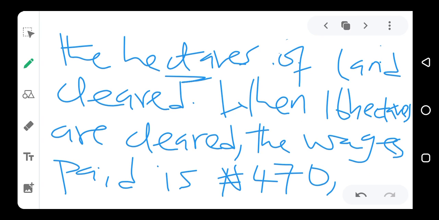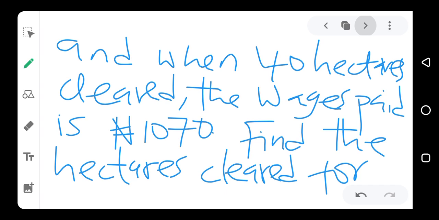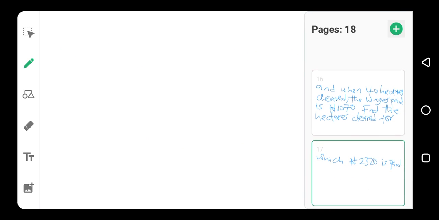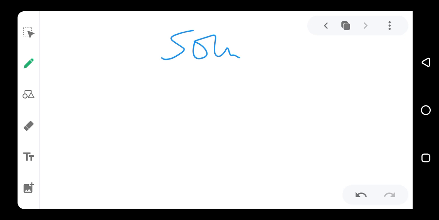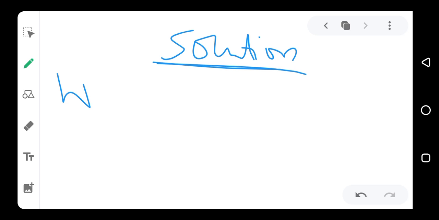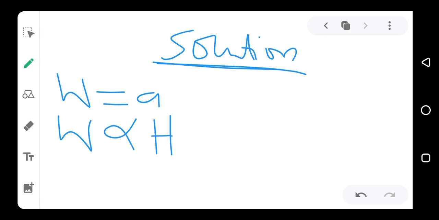So we are now going to put it this way. W is equal to A, and also W varies directly as H. Now here we know that we are using W to represent wage and H to represent hectares.